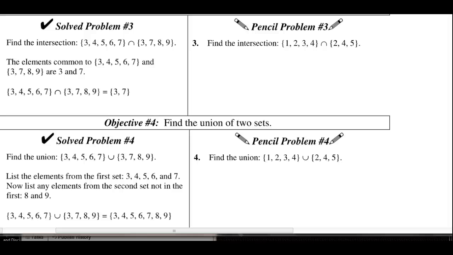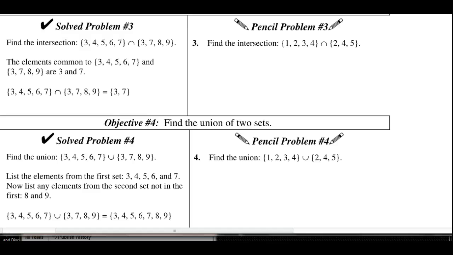Intersection pertains to the concept of sets. And basically what a set is, is just a list of either a bunch of numbers or things. In this case, we have two sets, so two different lists in problem number 3. The first set contains the numbers 1, 2, 3, and 4, and the second set contains the numbers 2, 4, and 5.